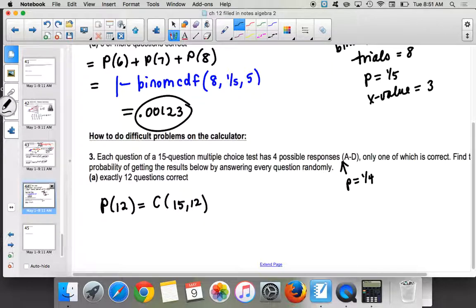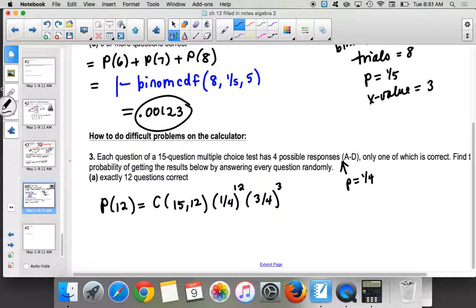We're choosing the 12 we're getting correct. We're going to multiply by 1/4. How many times will we have the 1/4 for our branches? We'll have 15 total branches, but how many of them will have 1/4 marked on them? We'll have 12. Eric, open your eyes. And then we're going to have 3/4 to the 3. Do we see how that's set up?